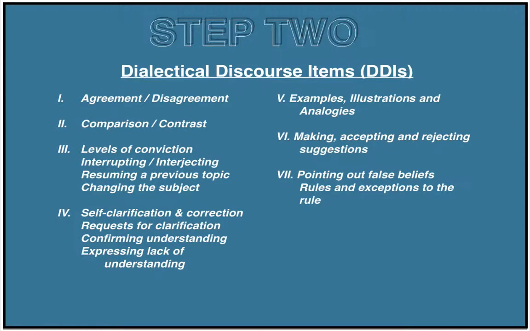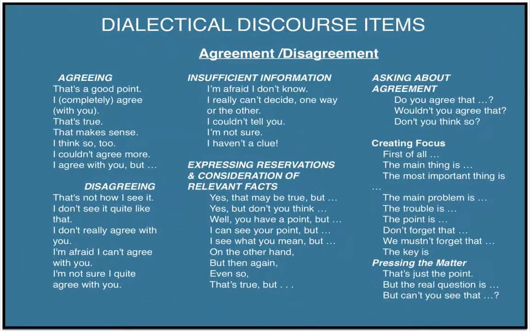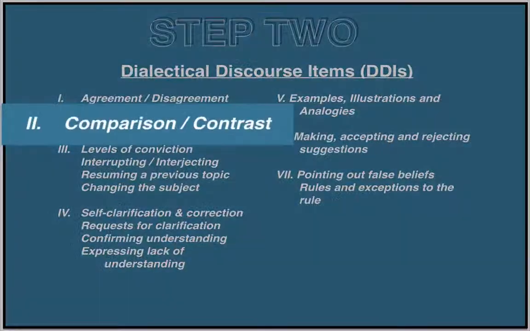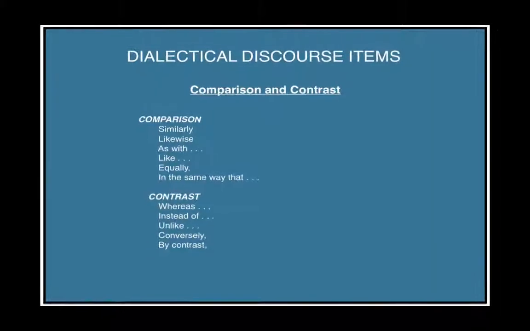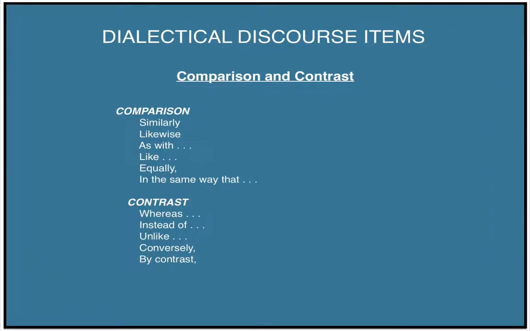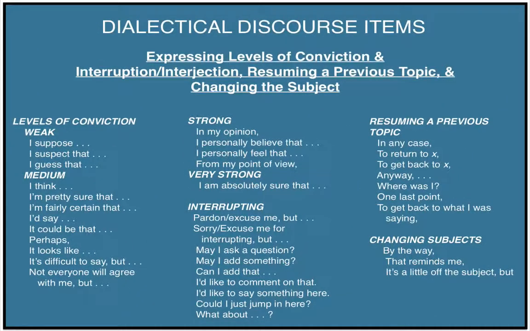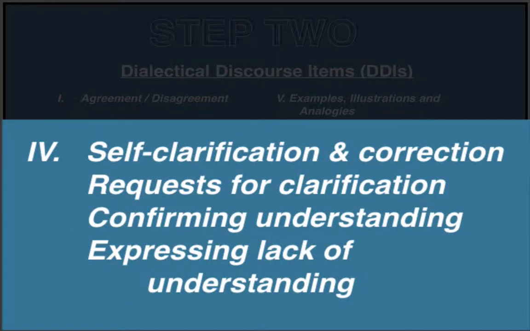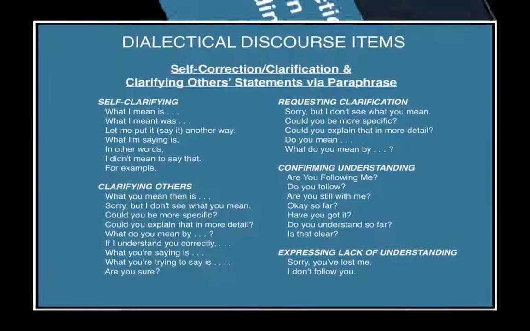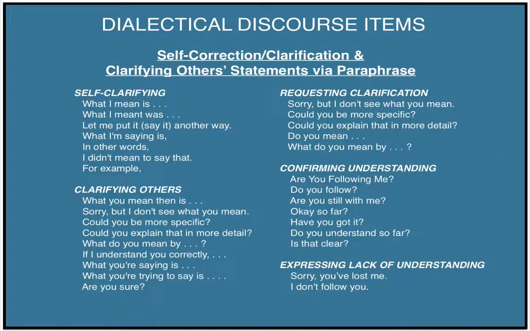There are 7 homework assignments scheduled during each term. Each homework set covers a range of conversational gambits related to agreement and disagreement, comparison and contrast, levels of conviction, interrupting, interjecting, resuming a previous topic, and changing subjects, self-clarification and self-correction, requests for clarification, confirming understanding, and expressing lack of understanding.